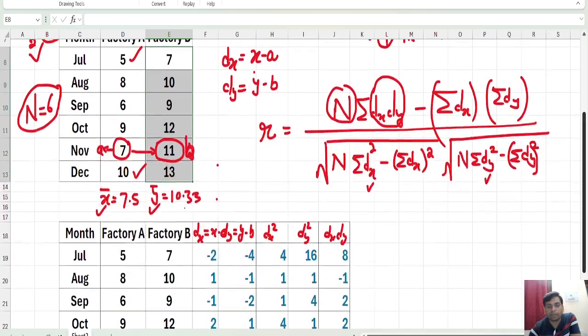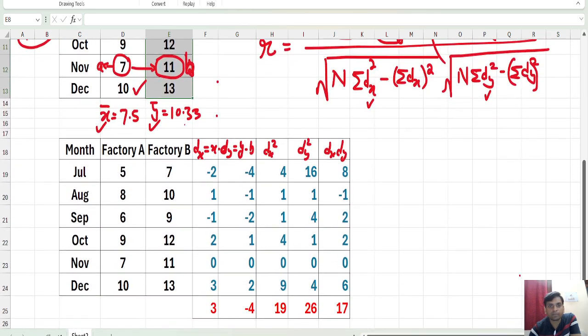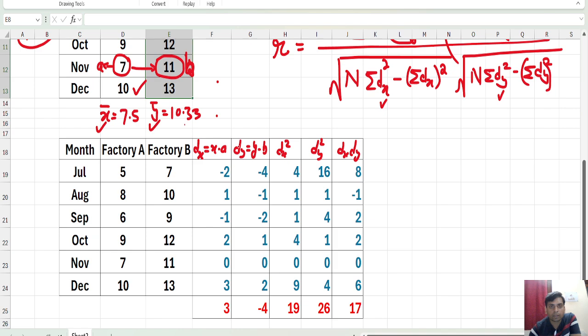I have already prepared this table. The first column is for dx, which is equal to x minus a, and we are taking a equal to 7 and b equal to 11.